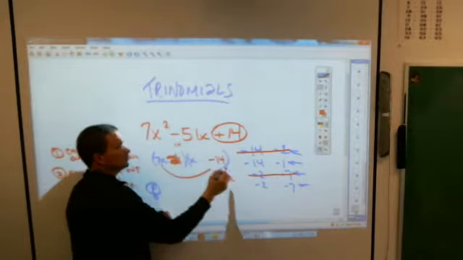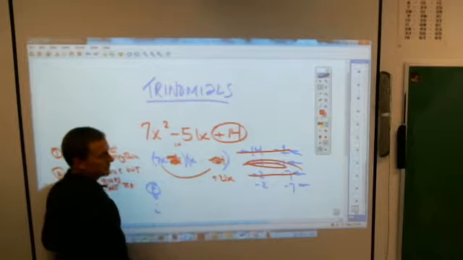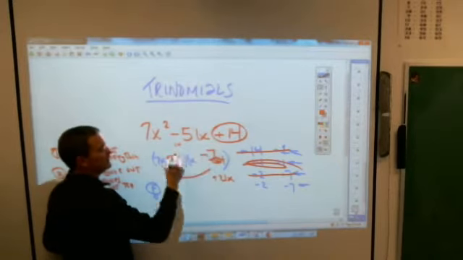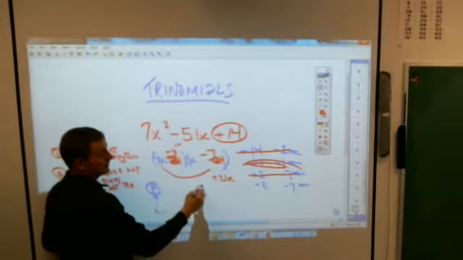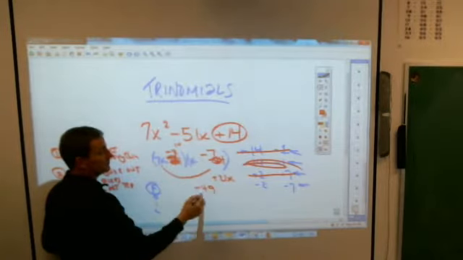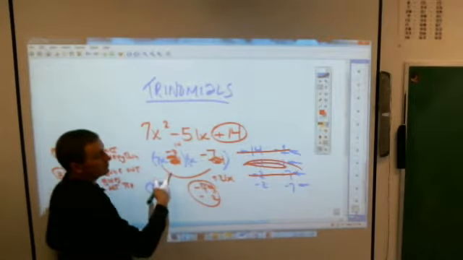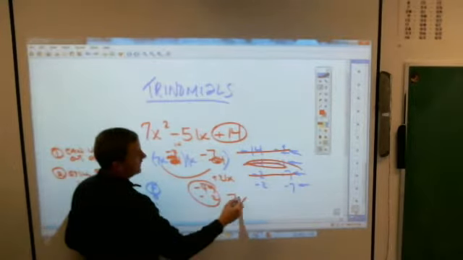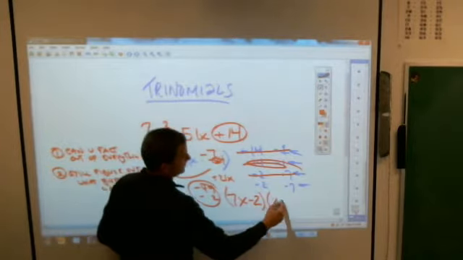Still not right. So I can rule out this one. 2 and 7 is what I'm down to. What if I put a negative 7 here and a 2 there? Well, 7 times negative 7 is negative 49, and negative 2 times x is negative 2x. Voila, that gives me my negative 51. So my answer is 7x minus 2 times x minus 7.